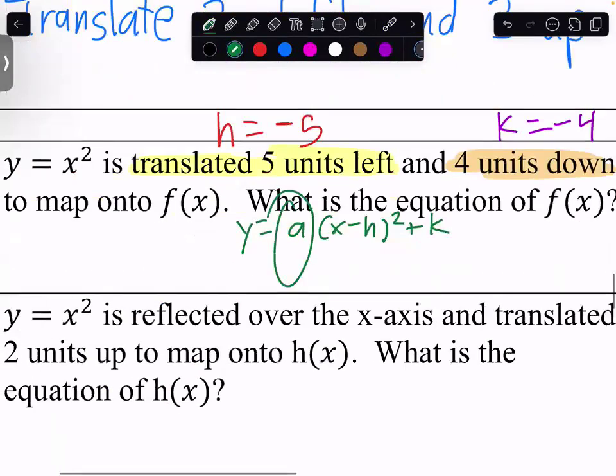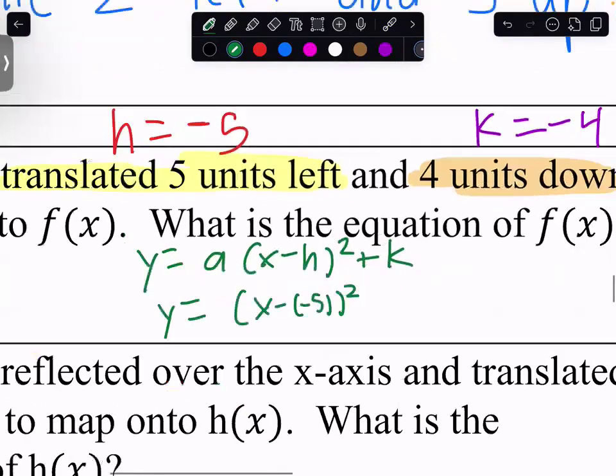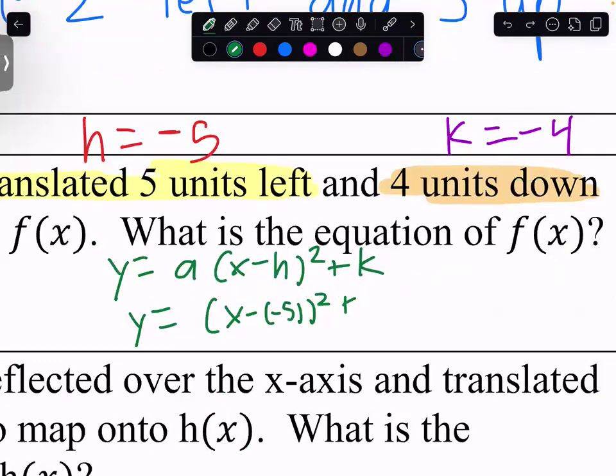This problem said nothing about vertical stretch, nothing about vertical compression, nothing about reflection. So a is invisible 1, you can ignore it. But x minus h becomes x minus negative 5. And plus k becomes plus negative 4.